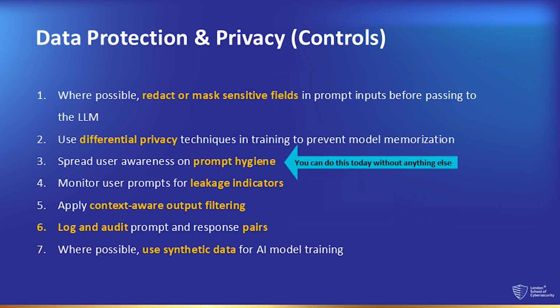Interesting part. In the world of LLMs, you would have a question and an answer pair. So it's like a prompt and response. So what did I ask? What did the system tell me? So it's a prompt and a response pair. So you need to really log and audit both.